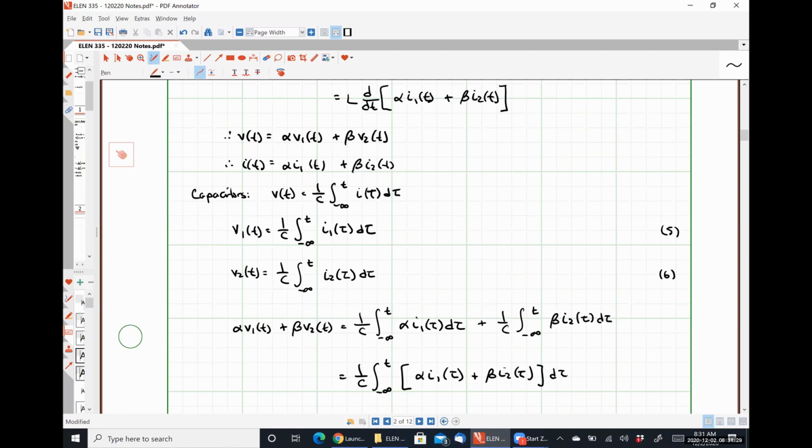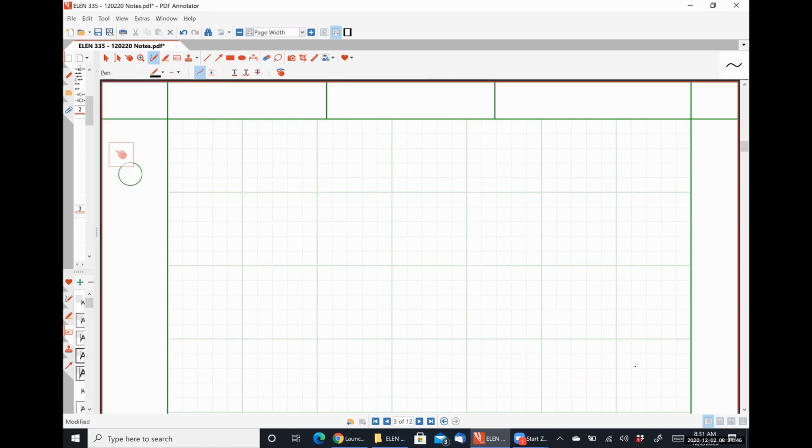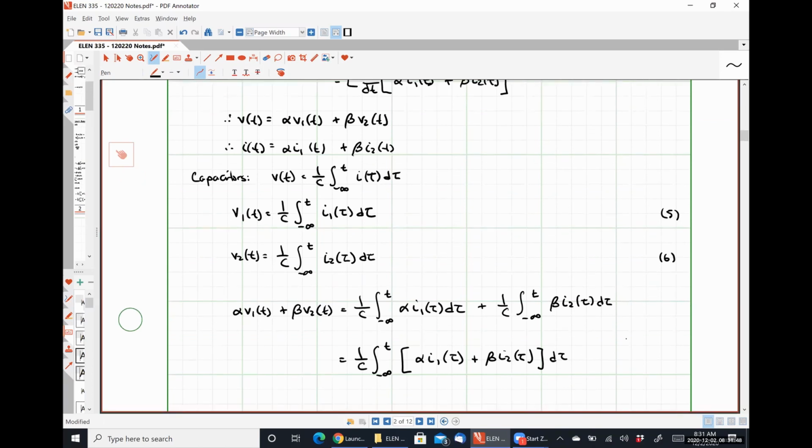No, right? So again, this is linear, because if our input current is alpha I1 plus beta I2, we get an output voltage of alpha V1 plus beta V2. Kind of running out of room here, so let's put it here.